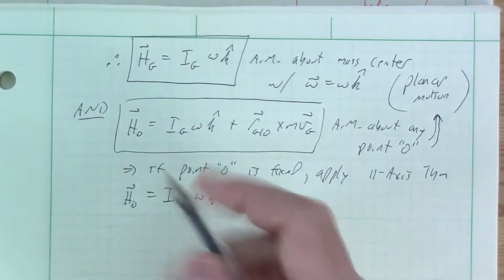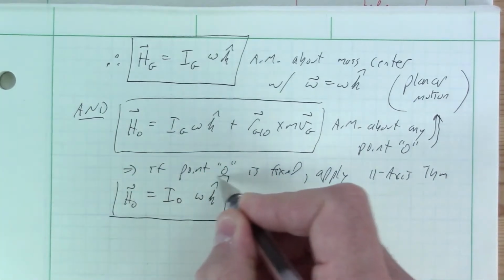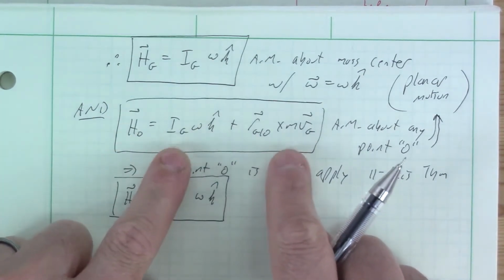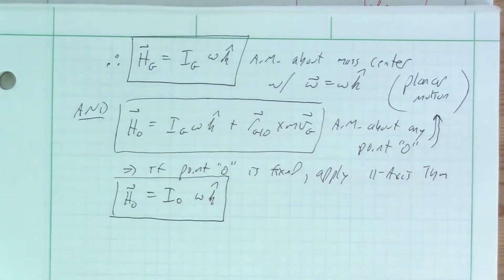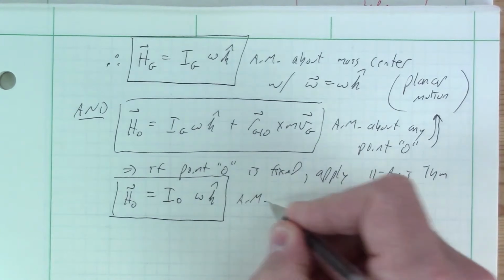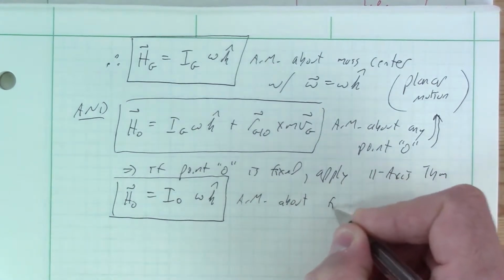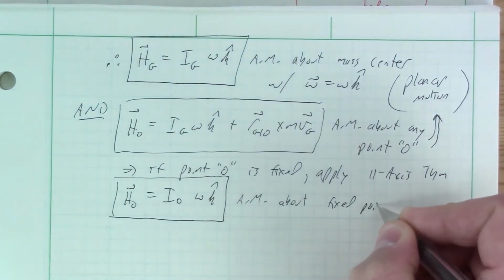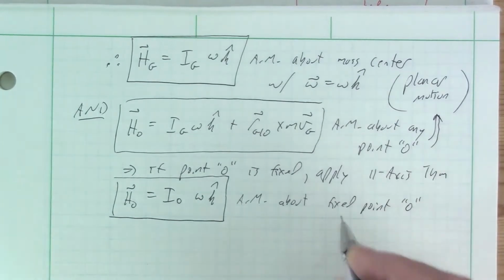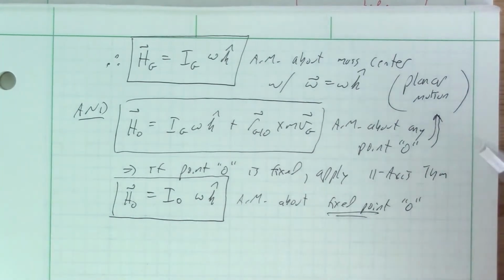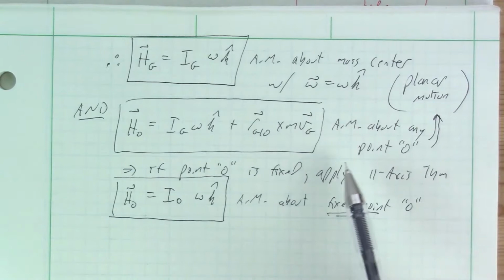It's a very simple form for it. It's really that these two terms combine through the parallel axis theorem, and we get that. Okay, this is our angular momentum about the fixed point O, where the fixed point becomes important. So this is any point. This is a fixed point.